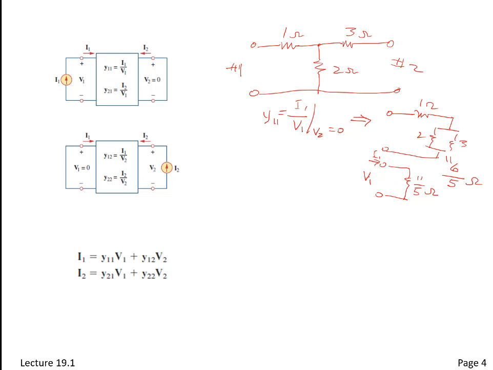Well, let's do the whole thing. I1 is equal to V1 over 11/5. No. See, this is me again wanting to get confused. I lost my pen.